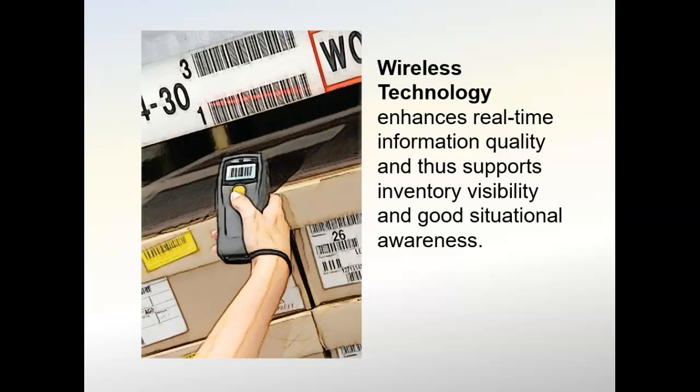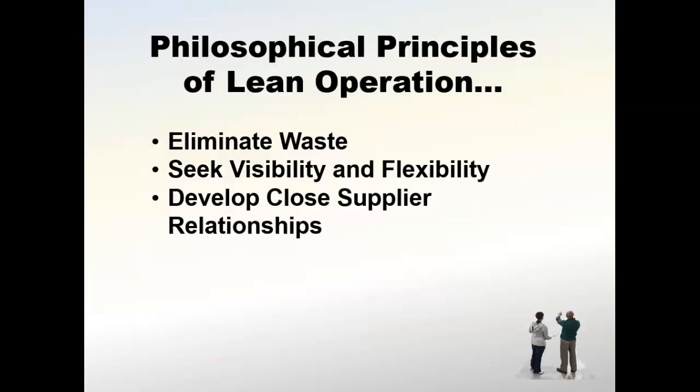Not only does the device reveal detailed information concerning the contents of the box, it can remotely report this information to an enterprise resource planning system, ERP, supporting good situational awareness among all ERP system users.